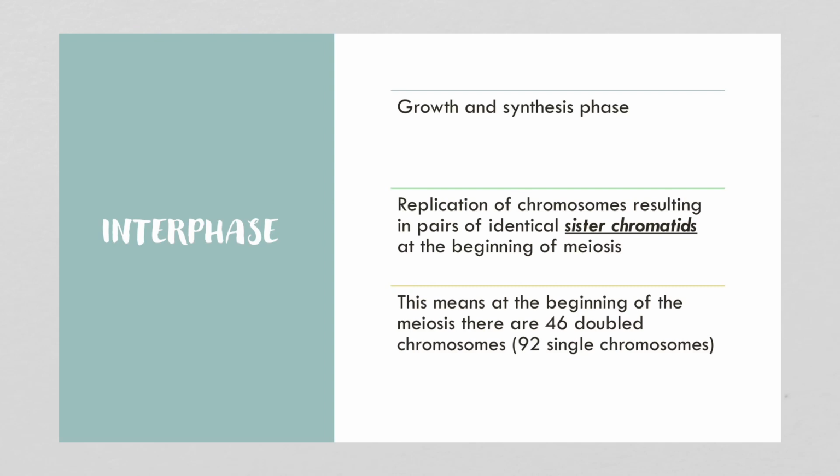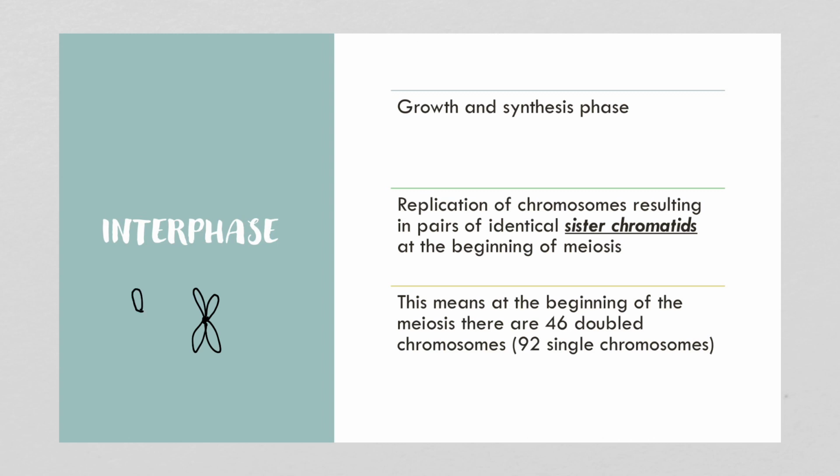So just like in mitosis, there is an interphase stage in meiosis, and that's just the growth and synthesis phase. And that's when the chromosomes replicate, and they result in pairs of identical sister chromatids in the beginning of meiosis. This means at the beginning of meiosis, there are 46 doubled chromosomes or 92 single ones. So again, this is a doubled chromosome.